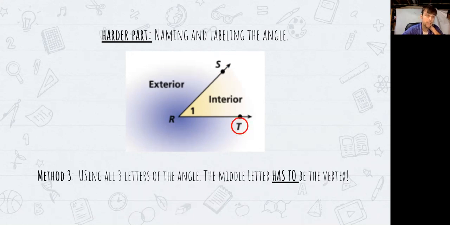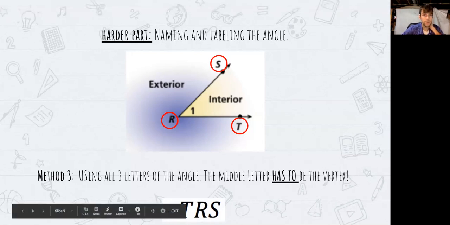We could do TRS, right? Follow the angle this way, TRS, and we could call it angle TRS. Either one of those is totally fine. And sometimes using these 3-letter namings is really the only way to do it. I'll kind of show a little picture here of why we might do that.